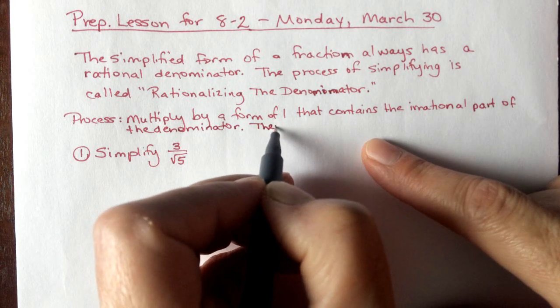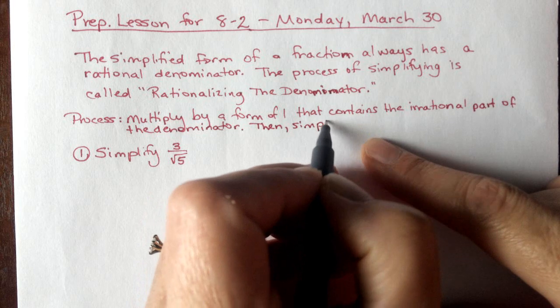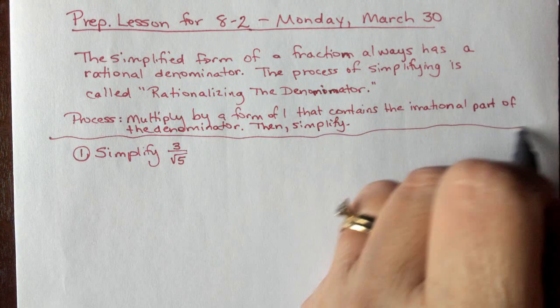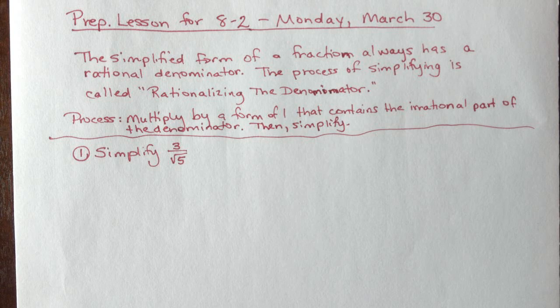Then simplify. I almost didn't leave enough room there. And that's pretty general sounding at this point in time, so we really just need to see it to see how it works.